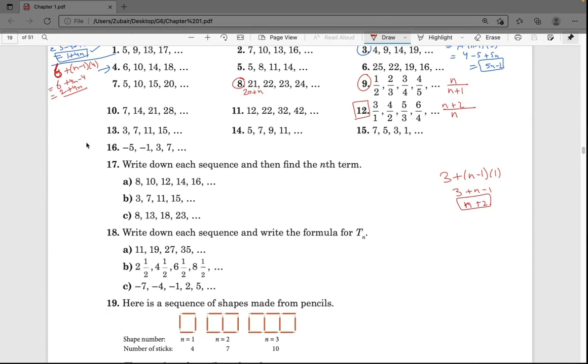Try question number 16. Question 16. What is the value of D?